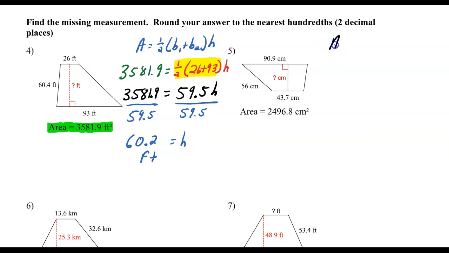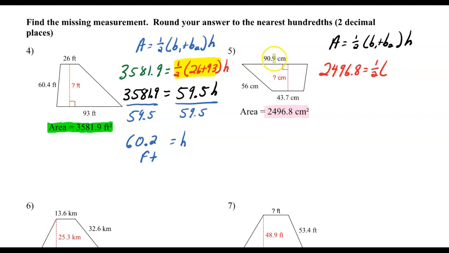For number 5, the area is 1/2 base 1 plus base 2 times the height. I'll substitute the area of 2,496.8 on the left side. Then that's 1/2.